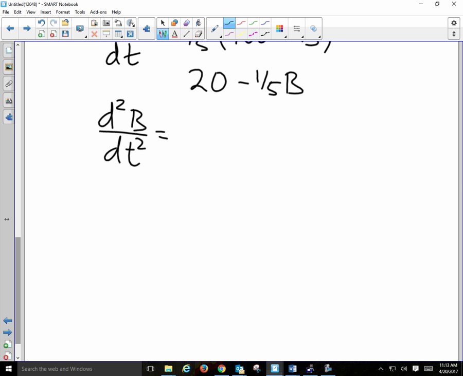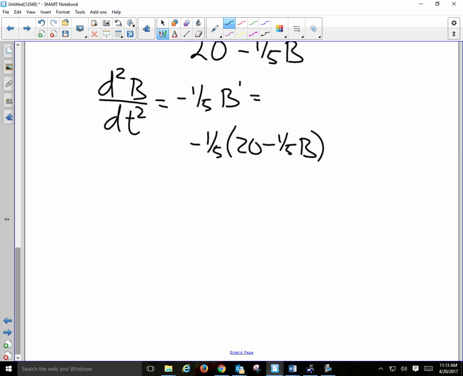What's the derivative of negative 1/5 b? What is b prime? It says to write the answer in terms of b, not b prime.